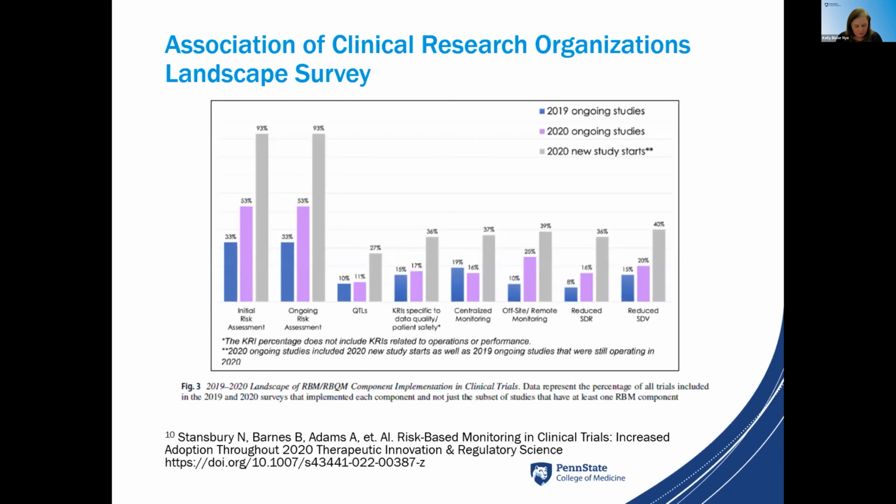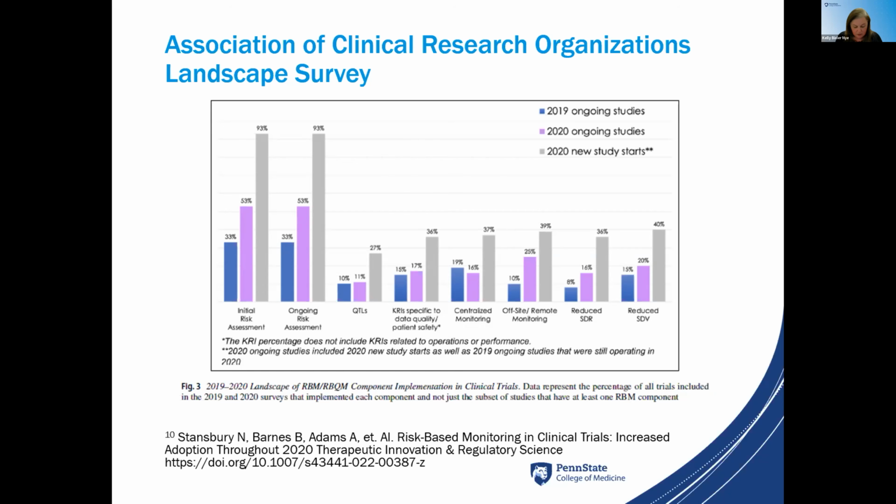This next slide shows figure 3 from the ACRO risk-based monitoring and clinical trials increase adoption throughout 2020 paper. And the authors noted, quote, the landscape survey data shows year-over-year growth in risk-based monitoring and risk-based quality management component implementation, but adoption rates overall among all ongoing studies for the individual components and the risk-based monitoring, risk-based quality management frameworks are still low.